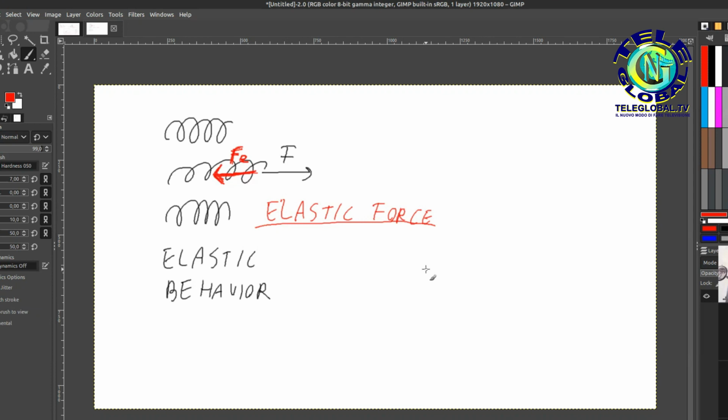So if you have an elastic object and you deform it, you have this force that will try and return it to its original state. Of course, there are limits. After a certain point, you can break the spring, but that's out of the question for now.